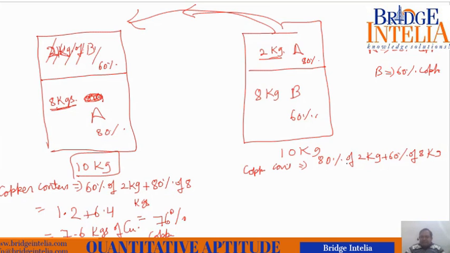Here, 80% of 2 kg is 1.6 plus 60% of 8 kg, which is 4.8. So 4.8 plus 1.6 comes out to be 6.4. So 6.4 kgs out of a total of 10 kg is equal to 64%.